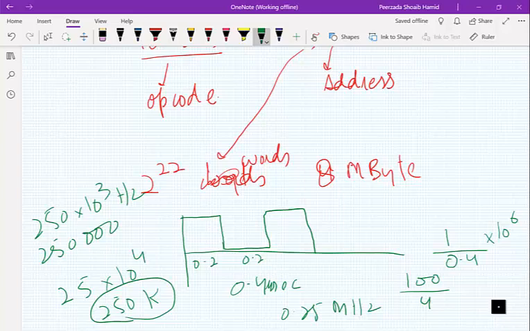The LED is blinking at a rate of 250 kilohertz. That means it's turning on and off 250,000 times in a second.